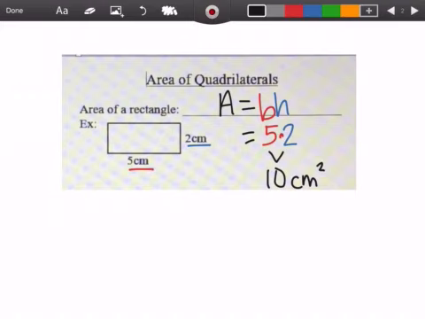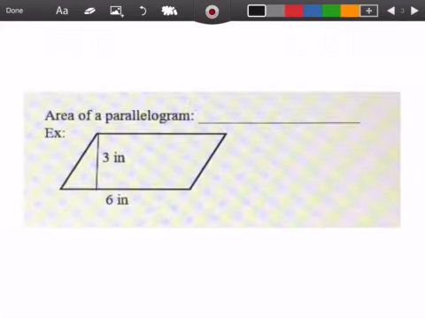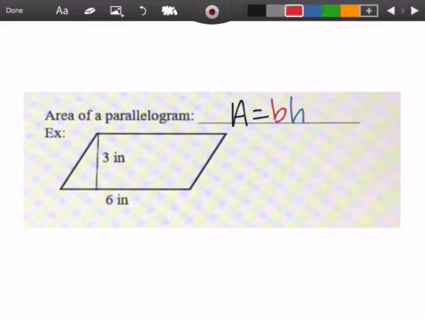All right, so that's the area of a rectangle. Super easy, base times height. Parallelogram is the exact same. Area equals base times the height. Again, our base is 6 inches and our height is 3 inches. And again, it's this line from the top corner down to the base where it forms a right angle. That is the height. It is not this length over here.